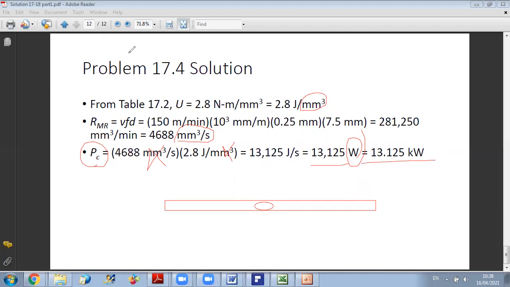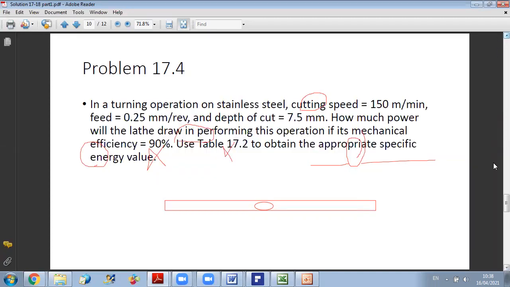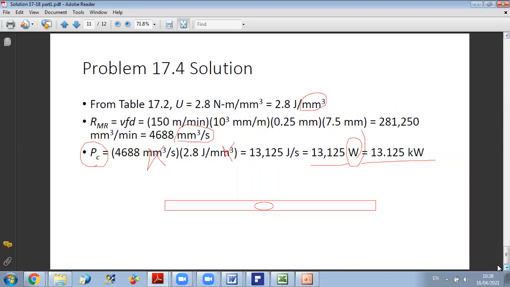Since they want the gross power, the last step, I will add it for you. When they ask for the power of the machine, this means the gross power. This last step might be missing here, so you should add it.